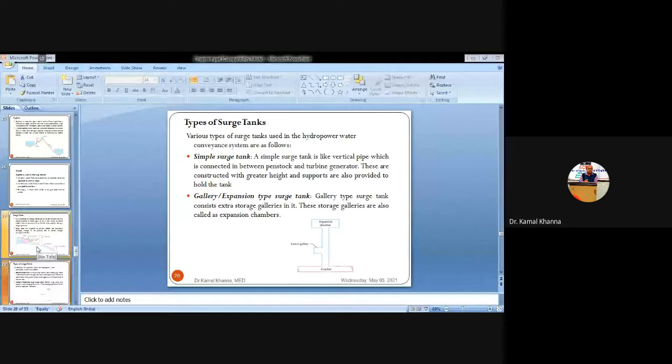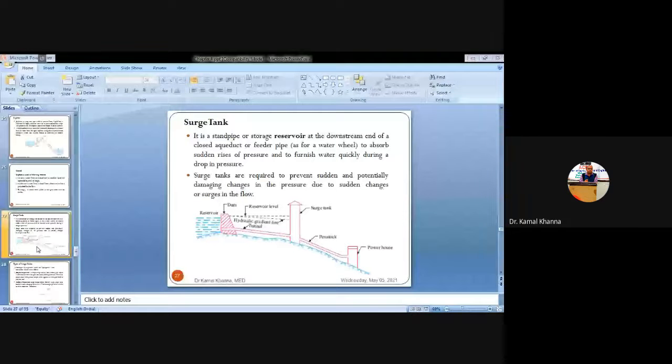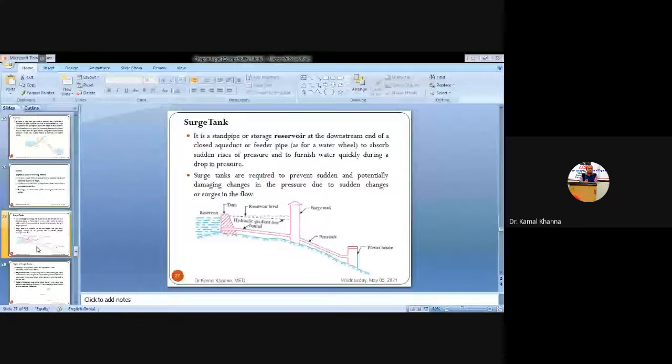First is the simple surge tank, which you have seen in the previous slide. I am showing it again. This is the vertical type surge tank, connected in between the tunnel and the penstock as shown in the figure.